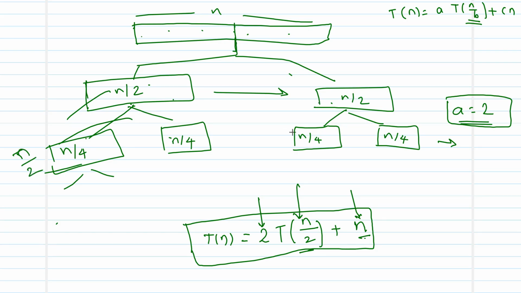And the other n by 2 will also be divided into two n by 4, needing n by 2. So n by 2 plus n by 2 is again a total time of n. So at each stage we locally need time n to divide the problem.